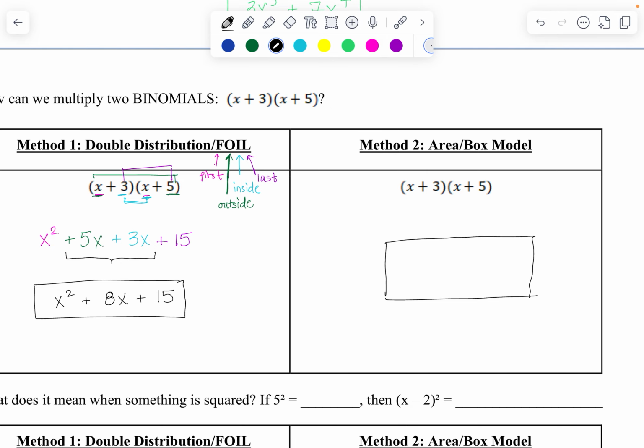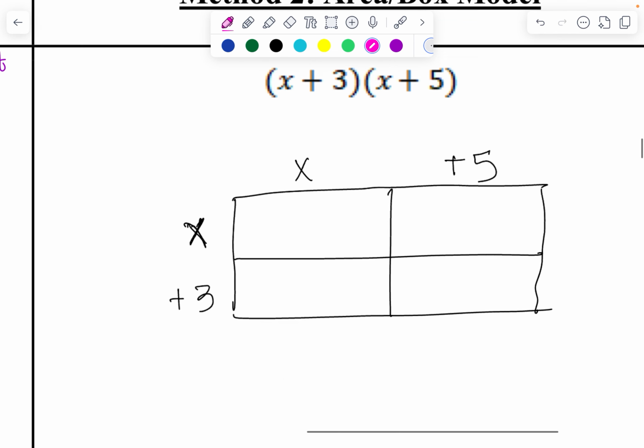So I need 2 rows and 2 columns. I've got x plus 3 and x plus 5. Now find the area to each of these little boxes. x times x gives you x squared. 5 times x gives you 5x. 3 times x gives you 3x. And 3 times 5 gives you 15.